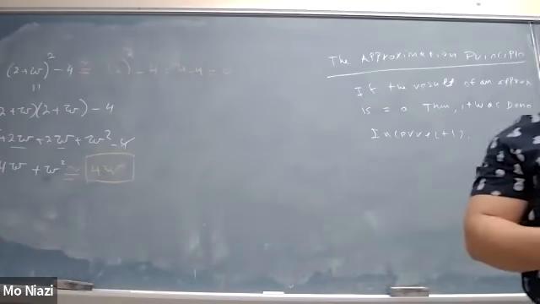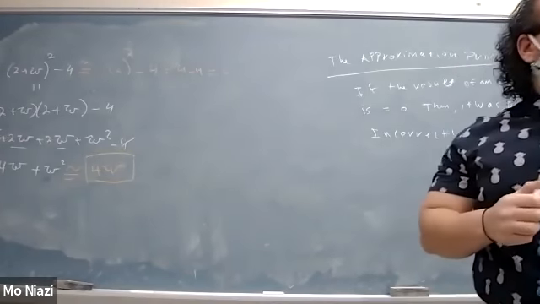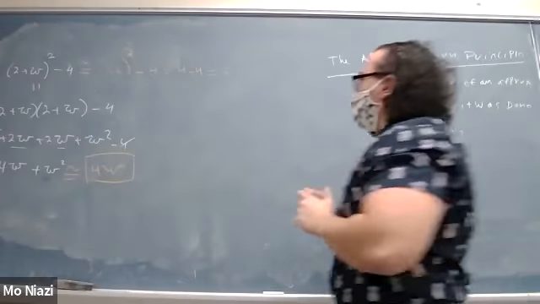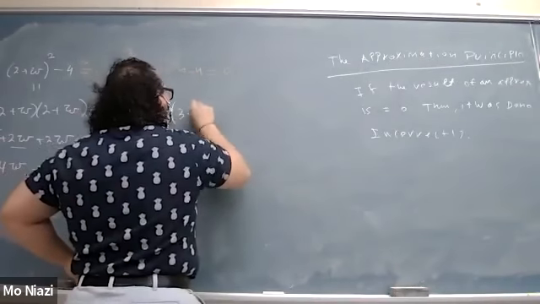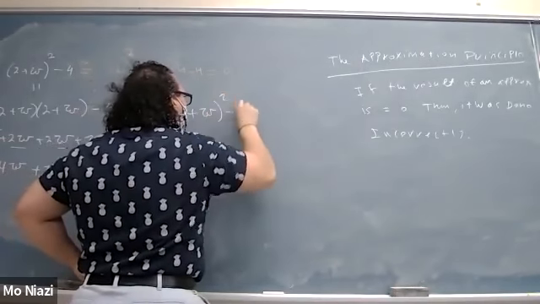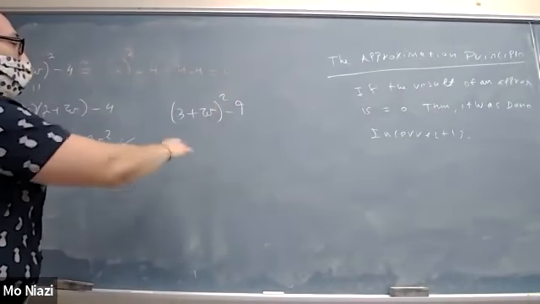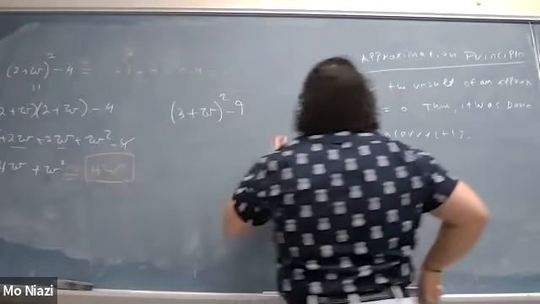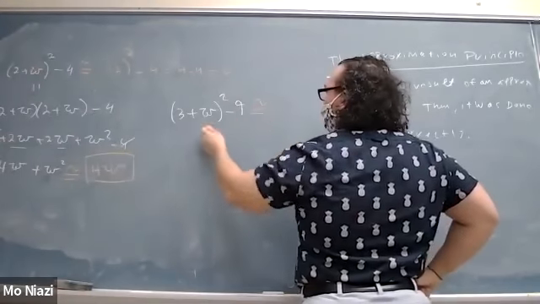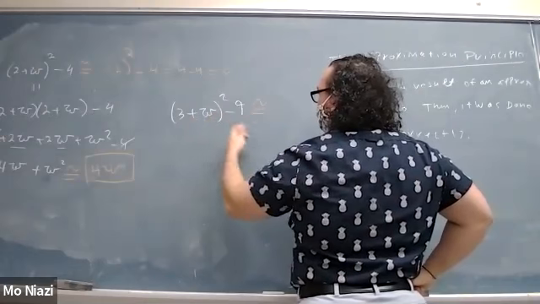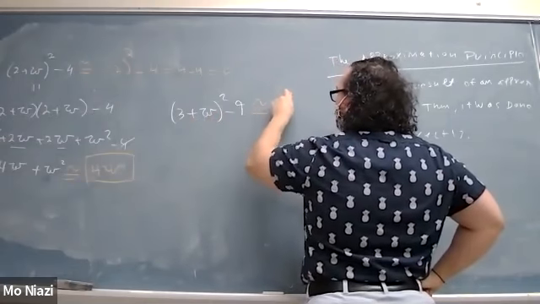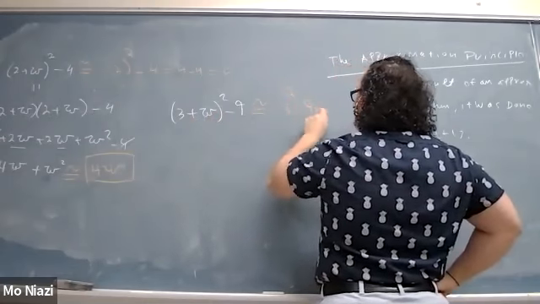Let's do another one where we invoke the approximation principle. (3 + omega)² − 9. Here's how you don't do this. You don't say, oh, well, that omega compared to 3 is like nothing, so this becomes 3² − 9, which is equal to 0, right?